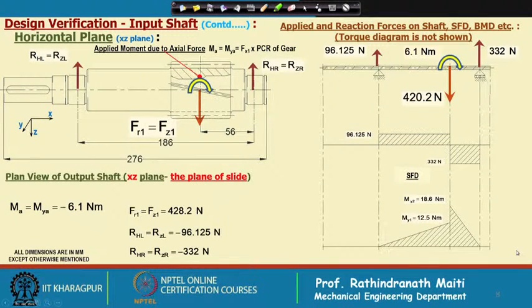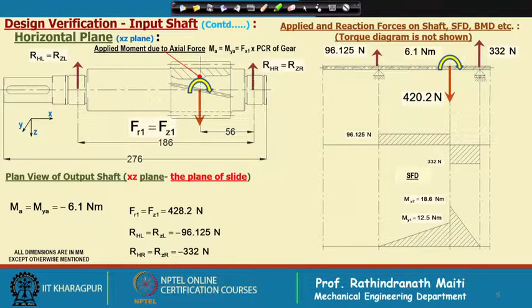we consider the horizontal plane. In the horizontal plane, as we find that the direction of moment here is in such a way that the load due to the coupling, this couple force has been added to the right hand bearing and it is subtracted from the left hand component which came from the radial load.